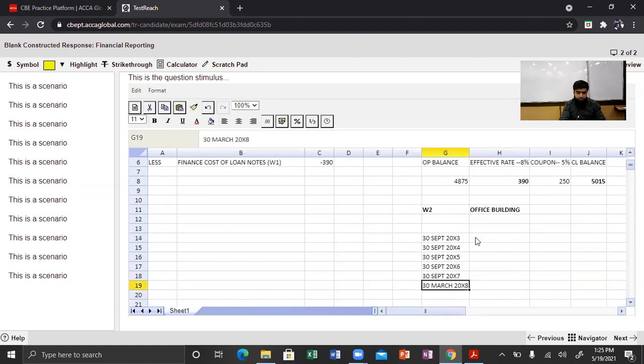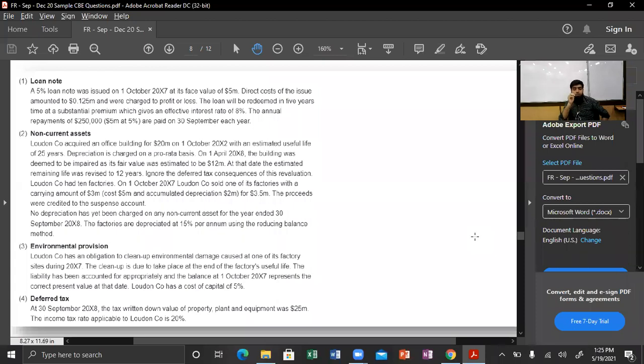Okay, so we need to calculate depreciation, because that is the adjustment from IAS 38, that is impairment, and the asset is impaired on 1st April 20x8. So we need to calculate the impairment loss. How do we calculate the impairment loss? We compare the carrying amount with the recoverable amount. What is the recoverable amount?